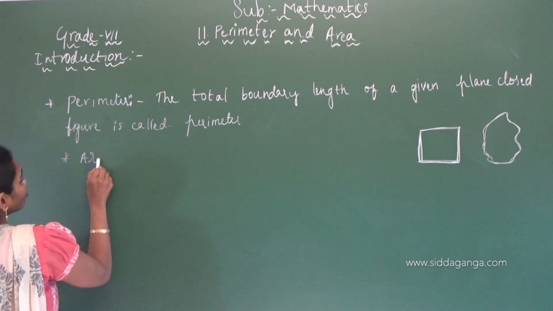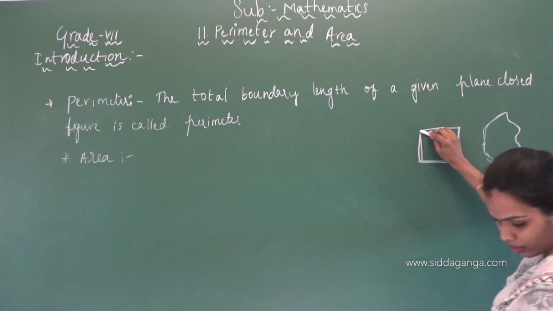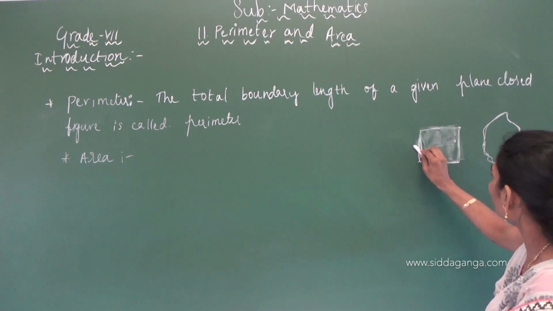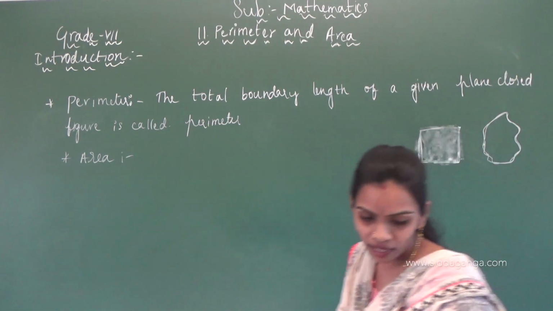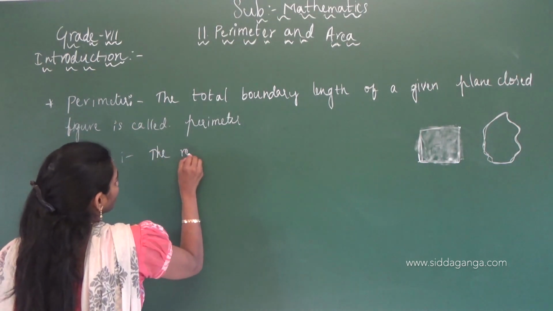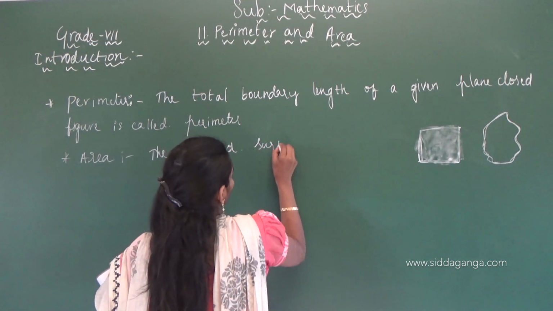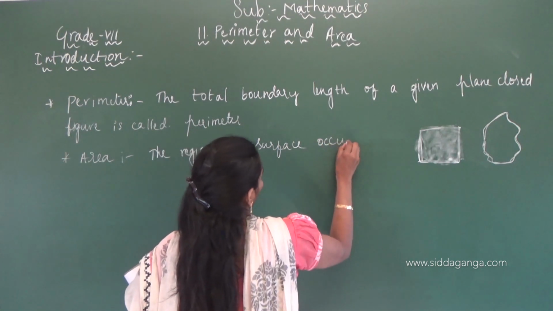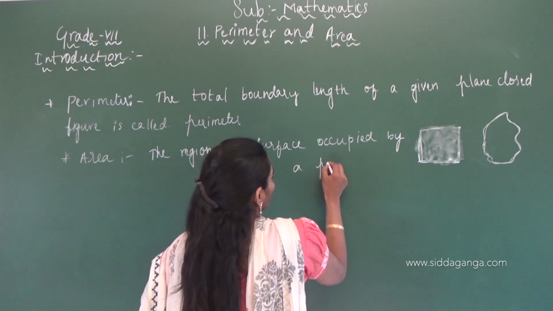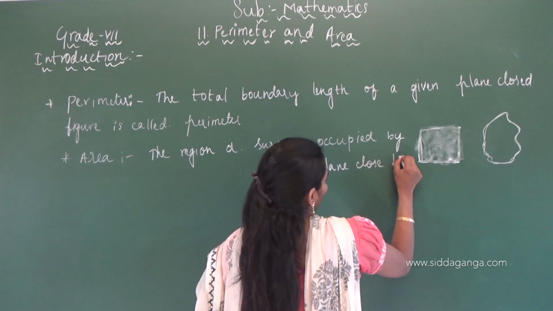Area is the amount of surface occupied by the plane figure, or the region or surface occupied or covered by a plane closed figure is known as area.